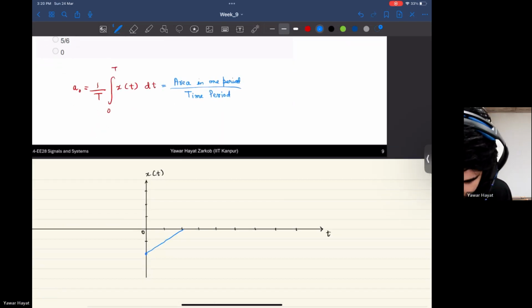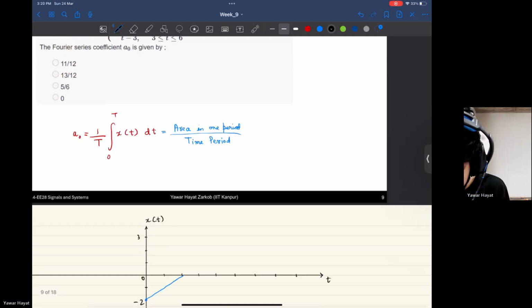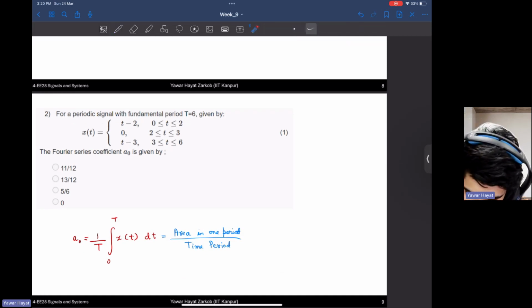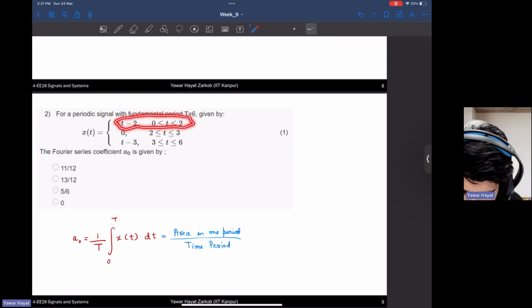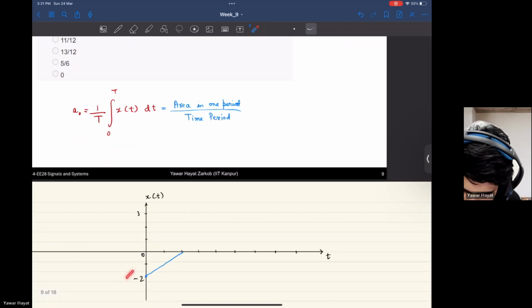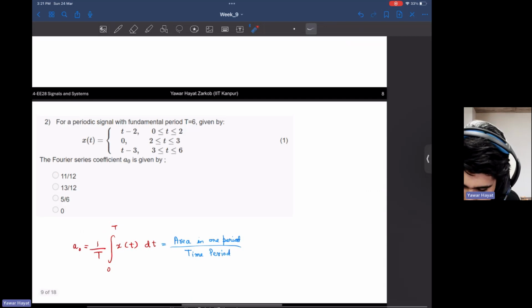Because this is -2, this is 3. I'll be using this definition throughout this 0 to 2 interval. When t is equal to 0, x of t would be -2, and when t is equal to 2, x of t would be 0.